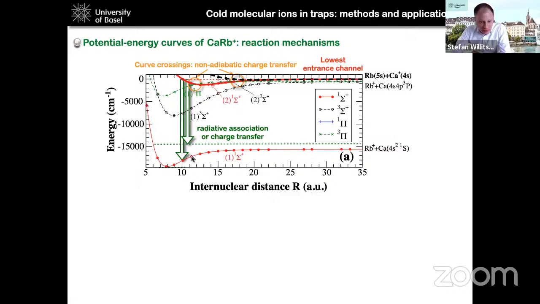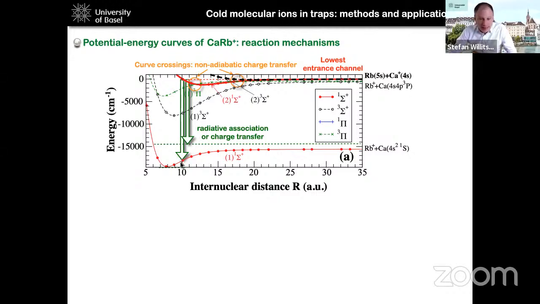Depending on whether a bound molecular state on the lowest potential energy curve is populated, or a scattering state associated with this lowest energy curve is populated, we have either radiative association, so the formation of molecules, or radiative charge transfer. If you populate a scattering state, then the system is not bound, so the particles can depart again and again reach this asymptote. So we have rubidium plus again. And if a bound state is populated, then we have a bound molecule, and that leads to the formation of calcium rubidium plus.